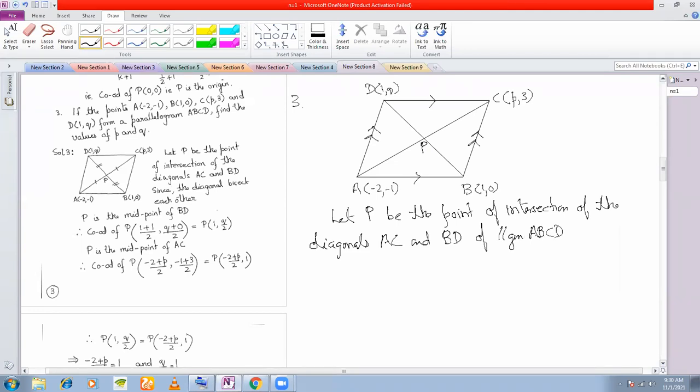Now, since the diagonals bisect each other, that means this part must be equal to this part, and this part must be equal to this part, right?